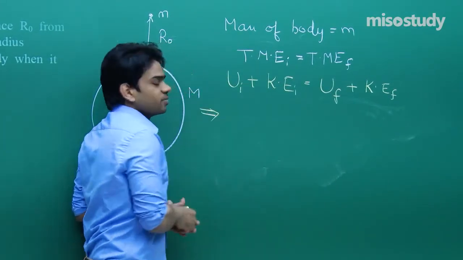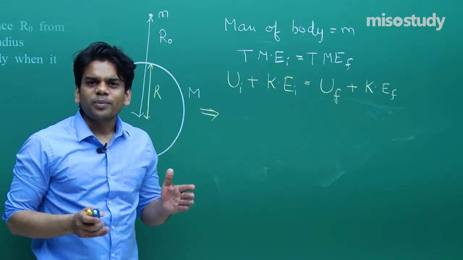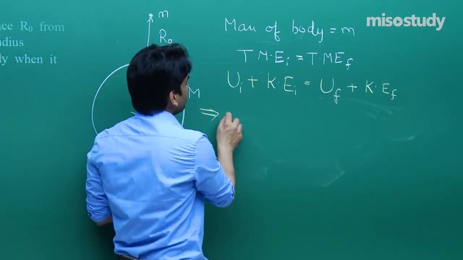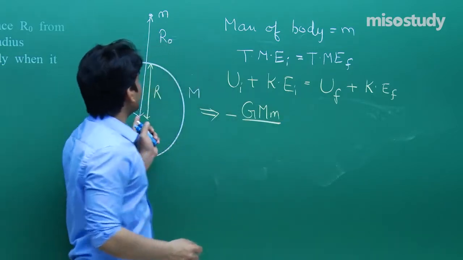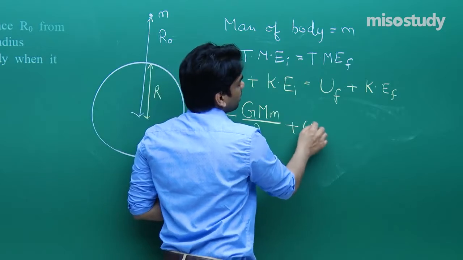Initial potential energy: we know that for two bodies separated by a distance, the potential energy is given by minus GMm upon the separation. So this will be minus G capital M small m upon r naught. Kinetic energy is 0 because it is at rest.